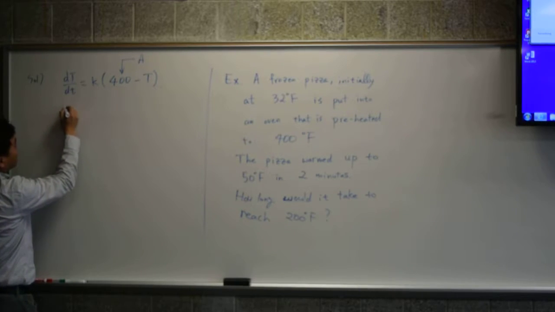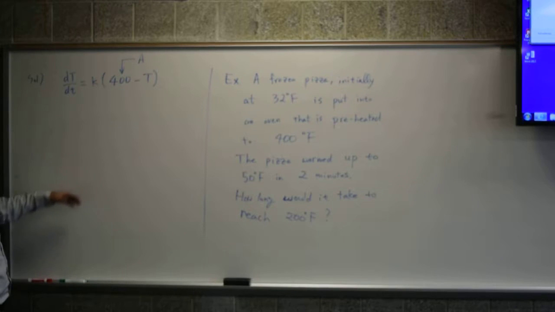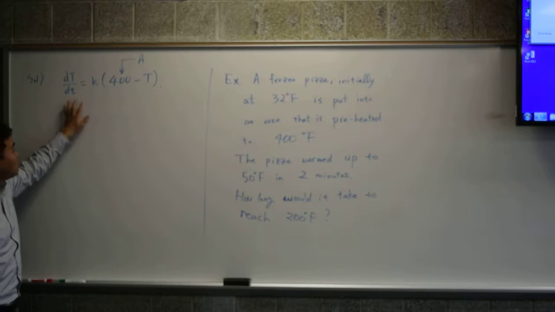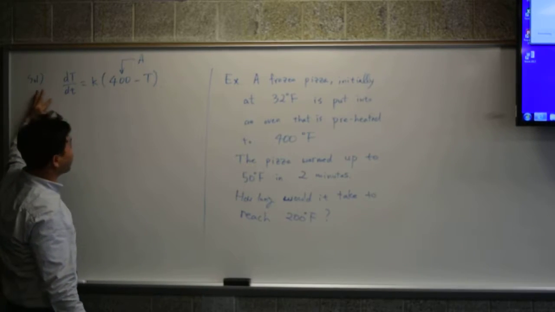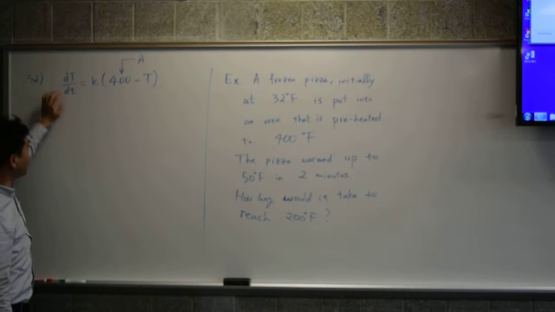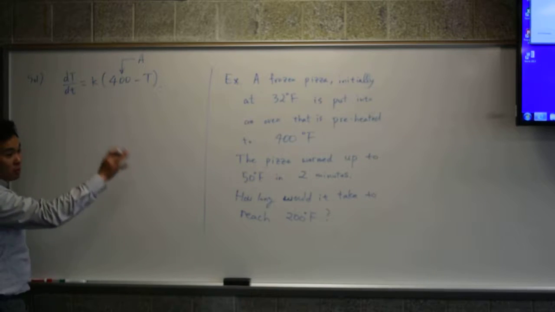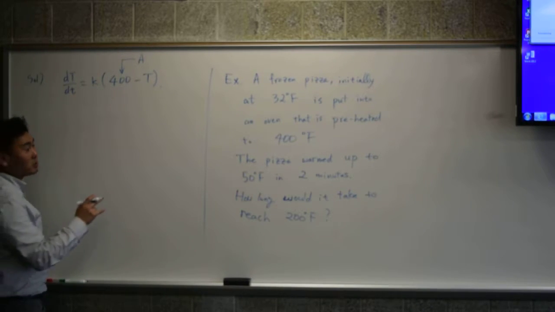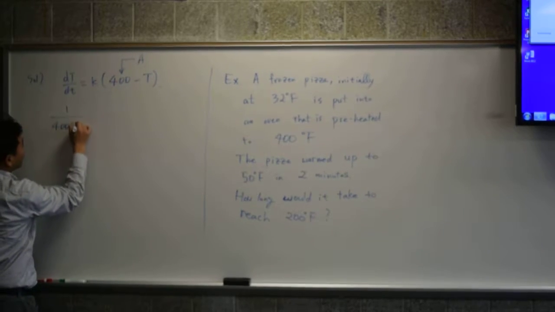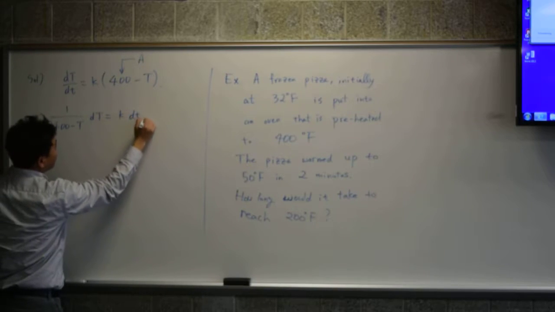Now you can treat this as a separable equation because if capital T was like y and small t was x, you can move this to the other side and divide the entire thing to the left side, and you would get a function of T only and a function of t only, right? So this is a separable equation. We can solve this using the exact technique that we learned. So let's divide this to the other side, equals k times dt.